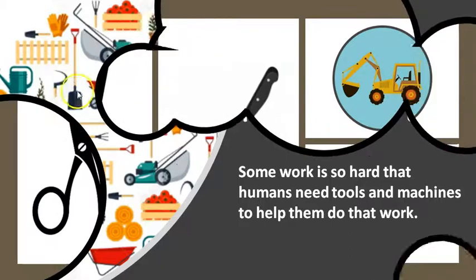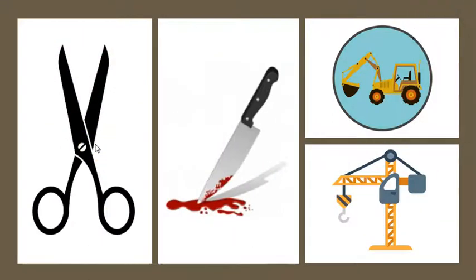For example, you can see the scissor. The scissor is very useful to cut cloth and to cut paper. And if I want to cut vegetables and fruits, or if I have a cake and I want to cut it into small pieces, then I use a knife. The knife is a tool. These tools make our daily tasks very easy. And look at this picture.